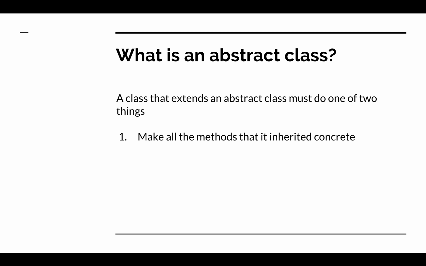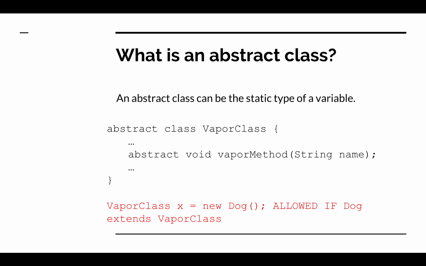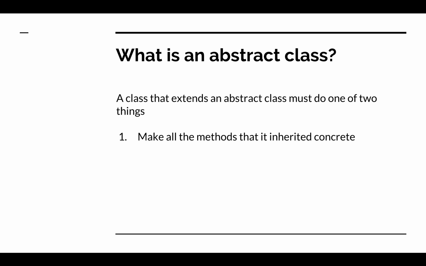Here's a new fact. A class that extends an abstract class has to do one of two things. For instance, in my previous example, I had a dog class that extended the abstract class. One, it must make all the methods that it inherited concrete, which means it must provide bodies to all the methods that it inherited.